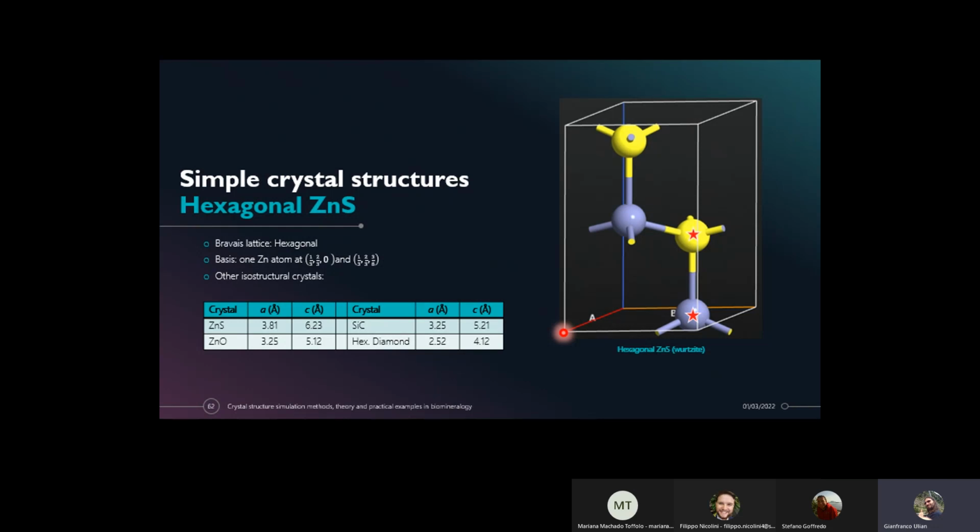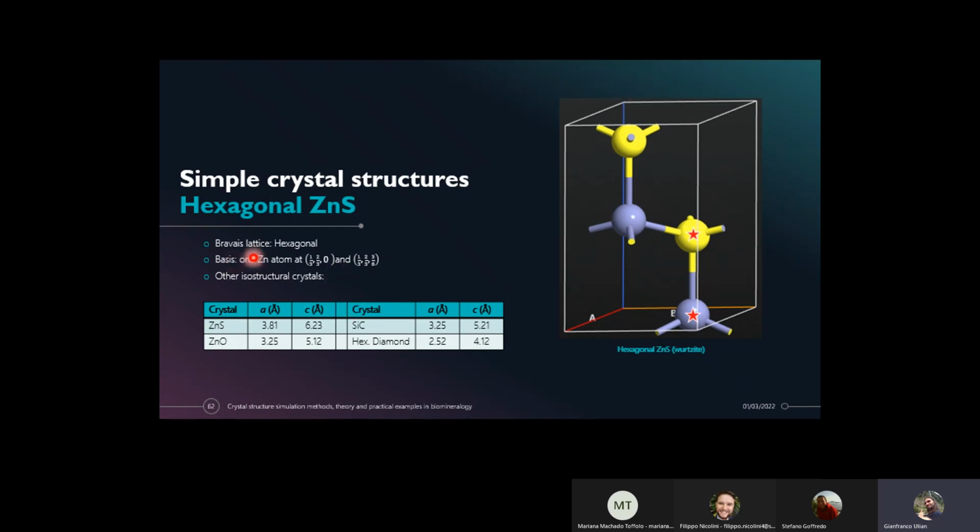Zinc sphalerite has a very interesting polymorph. Polymorph means a mineral or a crystal that has the same chemical composition but different crystal structure. So zinc sulfide has two very important polymorphs that are blende, the face-centered cubic structure, and the hexagonal one that is called wurtzite.